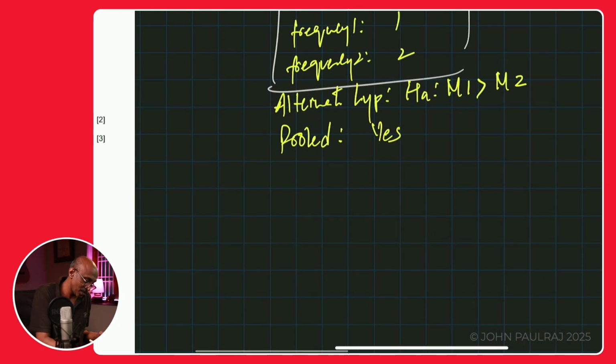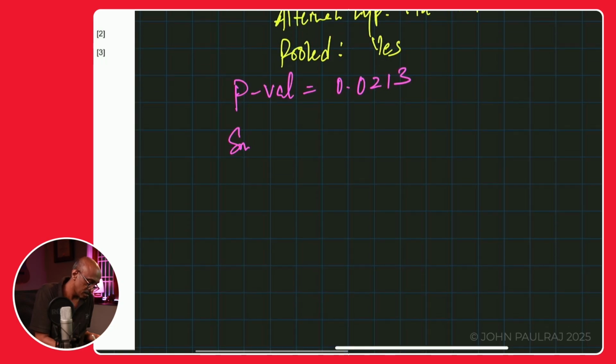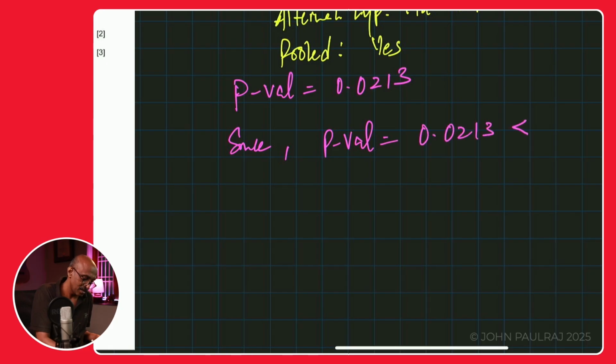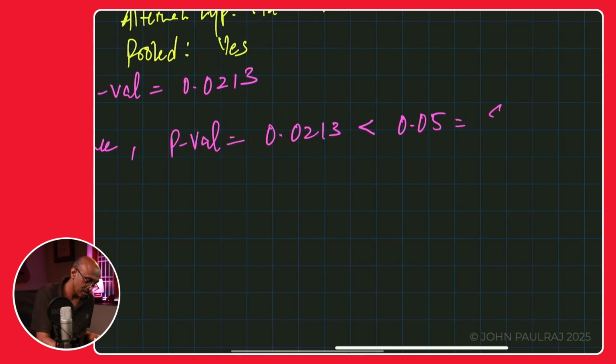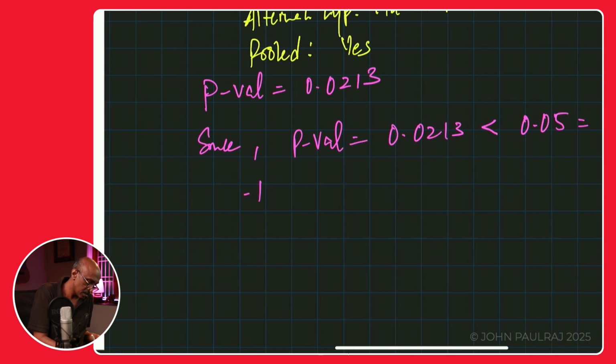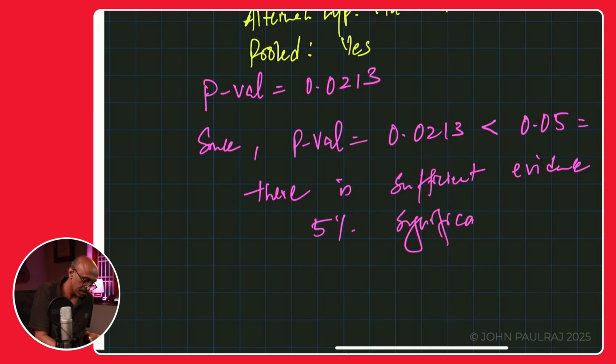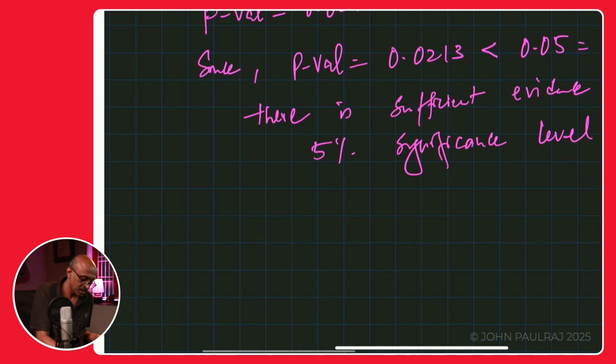So I say the p-value is 0.0213. Since the p-value, 0.0213, is less than 0.05, which is our significance level, there is sufficient evidence at the 5% significance level to reject the null hypothesis H naught.